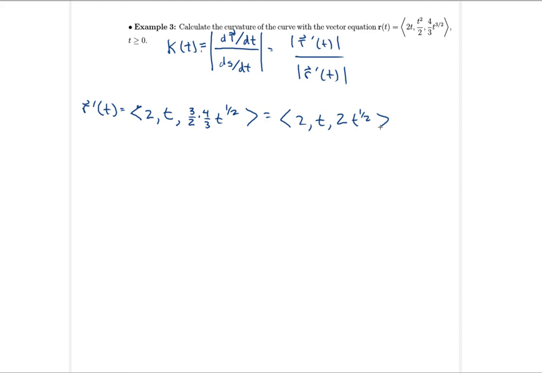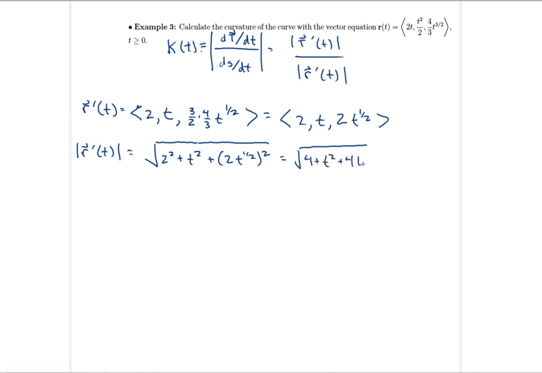Okay, but I don't just need r prime, I need its magnitude, right? So the magnitude of r prime of t is going to be the square root of 2 squared plus t squared plus 2t to the 1/2 squared, which is 4 plus t squared plus 4t in this case. Now, if I could simplify this more, that would be great.